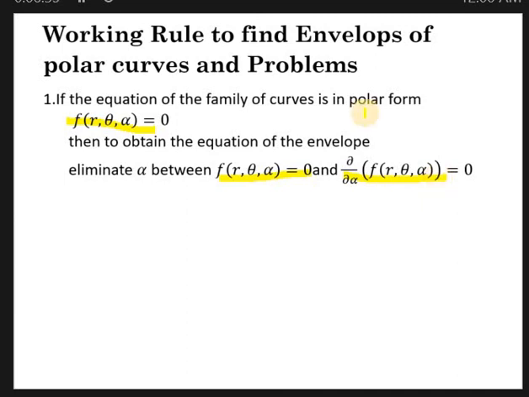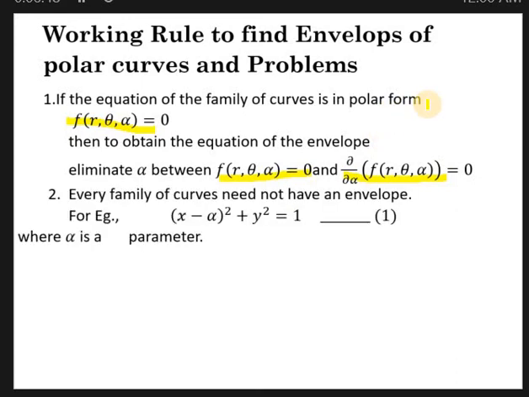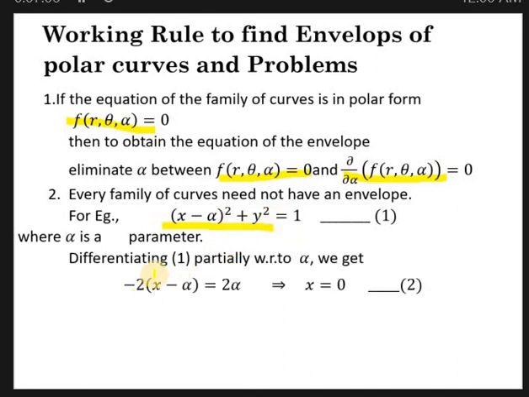See, every family of curves need not have an envelope. Only few curves will have envelopes. For example, (x minus alpha) whole square plus y square is equal to 1, where alpha is a parameter, and differentiate this equation with respect to alpha. So we get minus 2 of (x minus alpha) is equal to 2 alpha.